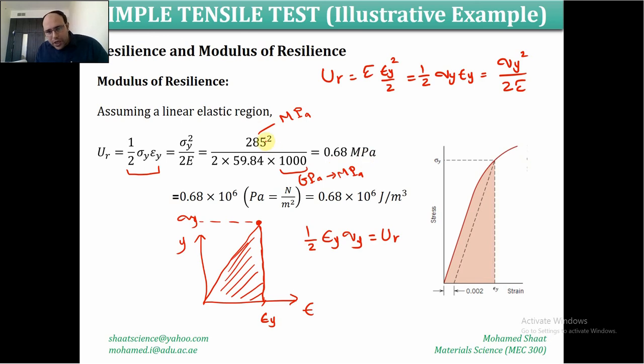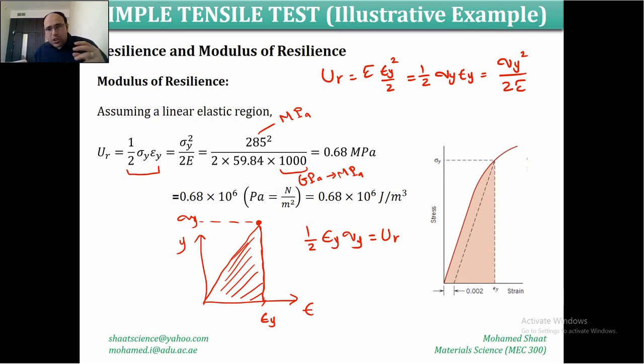Remember that this is a square. So that's why the unit here will be megapascal squared divided by megapascal. So you're going to cancel the square with the megapascal in the denominator. You're going to end up with megapascal as a unit for the modulus of resilience. Make sense? So this is simply how we can calculate it. Then we can convert it into a unit as energy per unit volume.